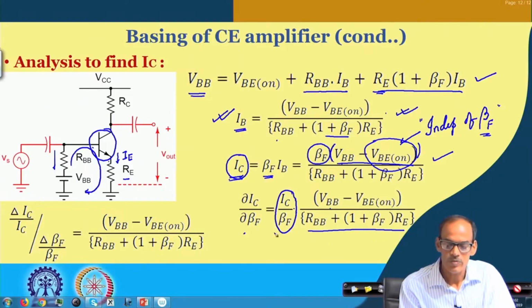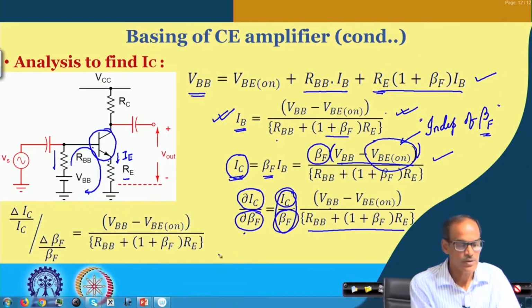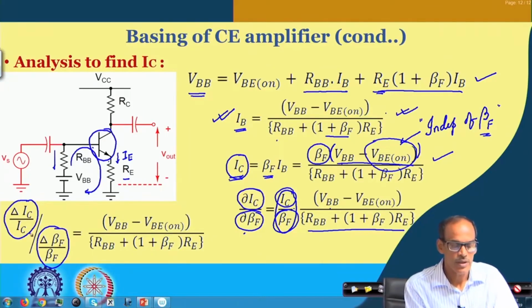But in this form, if we further analyze, if I take the change in collector current divided by collector current, that means the fractional change in collector current, divided by change in beta divided by beta, we can say the fractional change in collector current divided by the fractional change in beta has this expression: VBB minus VB on divided by RBB plus 1 plus beta into RE.